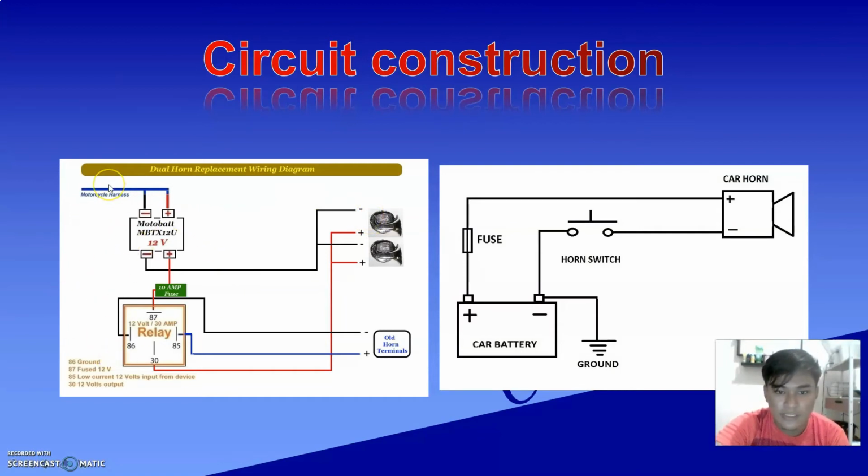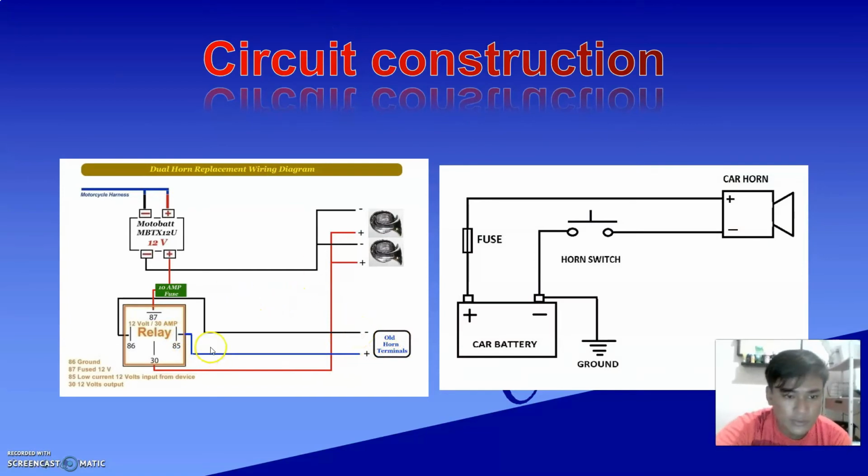So first, the battery will supply the current to the relay, and the relay will charge with current. However, the relay will not pass the current through, because this is a normally open switch right here, which is connected to the switch, which is the steering that has a horn.